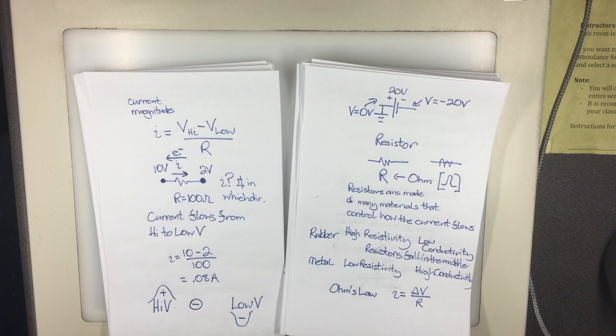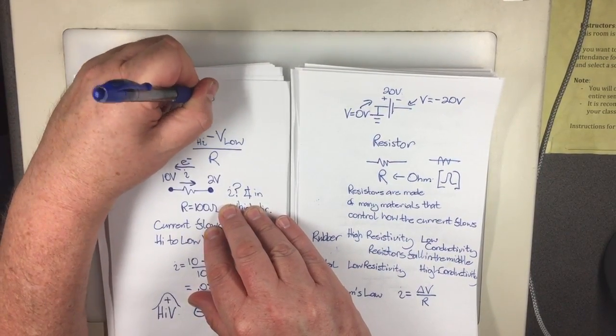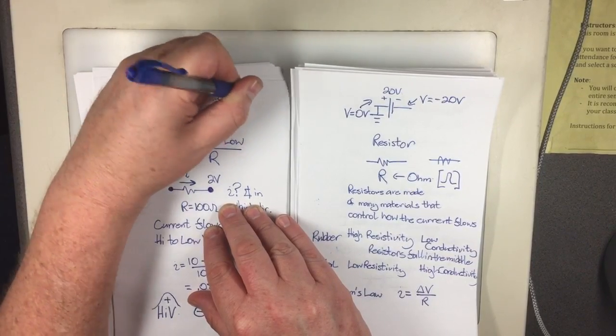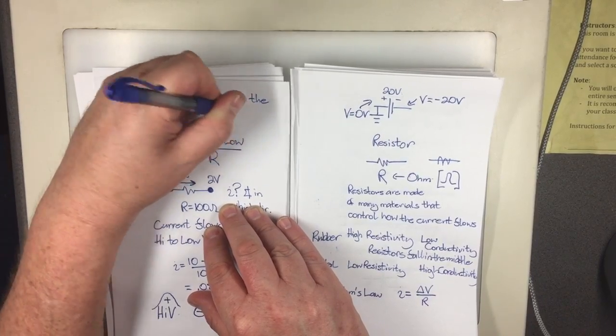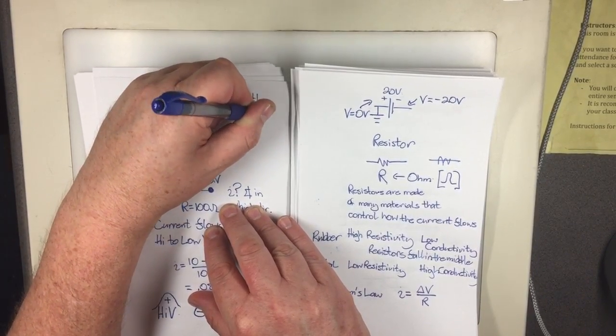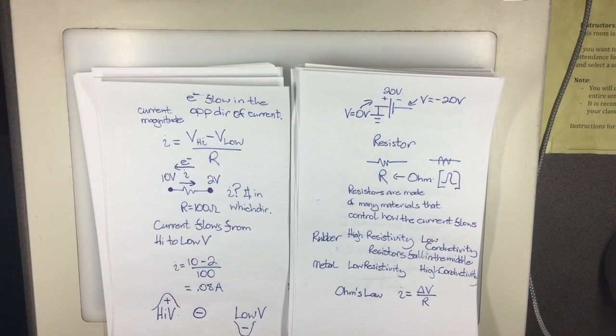So what really is happening is that the direction of the current is opposite to the real flow of electrons. Electrons flow in the opposite direction of current. Initially, who do we get to blame for all this? Ben Franklin and the other people who were playing with electricity at the time.